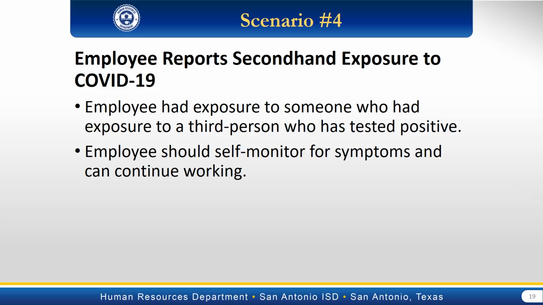If an employee attended a function or a gathering and the employee's cousin was there, the cousin's not positive, but the cousin's boyfriend tested positive, the employee has not, by definition, been exposed based on close contact. In that case, we would encourage the employee to continue to self-monitor for symptoms, but that employee can continue to work. And if those circumstances change because the cousin ends up testing positive, then we will have to reevaluate the situation at that time.